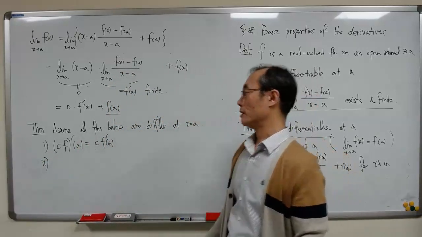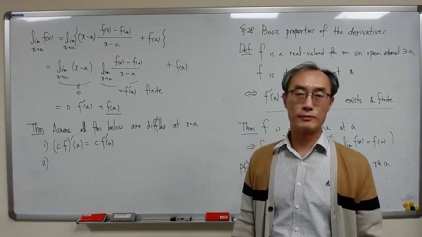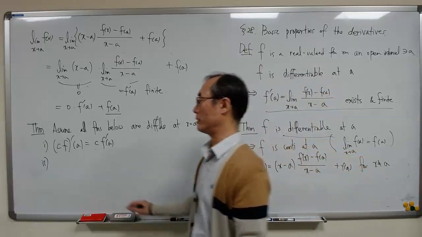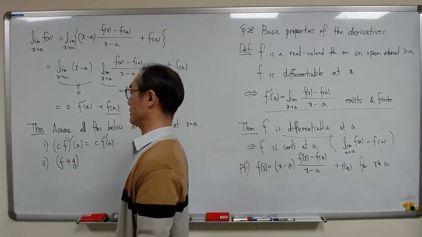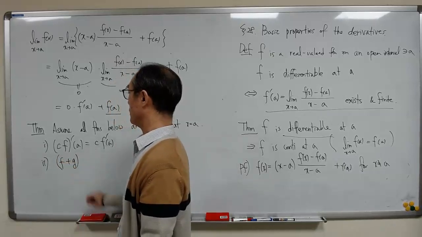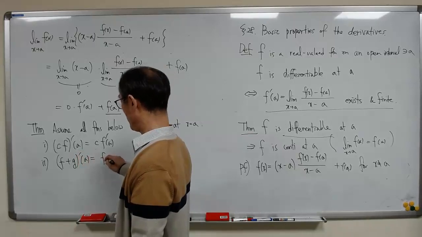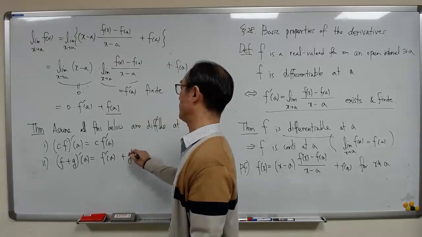Okay, and the sum of two different functions. The derivative of a sum of two functions can be obtained by the sum of their derivatives. Suppose we have the sum of two functions, f and g. If you compute the derivative of this function at value a, that's going to be the sum of f prime of a and g prime of a.